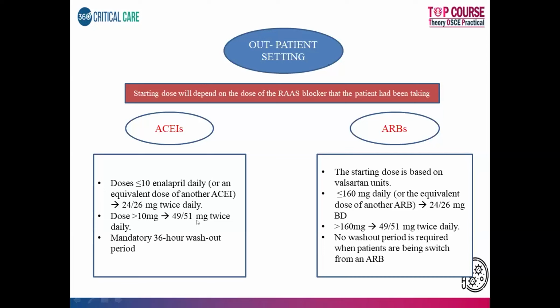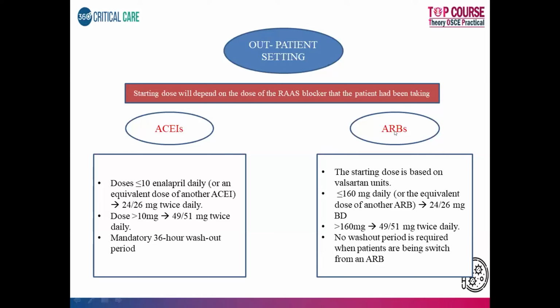It means if the patient is taking an ACE inhibitor, you have to stop the ACE inhibitor, and 36 hours later you need to start the ARNI, because there is a lot of chance of angioedema and bronchospasm in these patients because of the ARB component. Now, second, if the patient is on ARBs, the starting dose is based on the valsartan units the patient is taking.